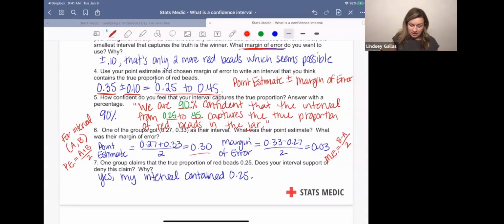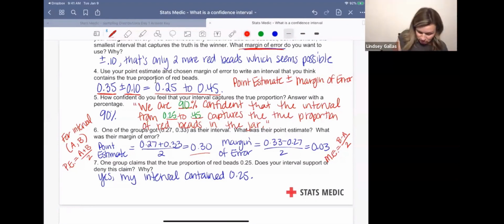All right. And then the last question: one group claims that the true proportion of red beads is 0.25. Does your interval support or deny that claim? It depends on what your interval is. With my interval going from 0.25 to 0.45, my interval contains 0.25. So I would say yes, it does support that claim.